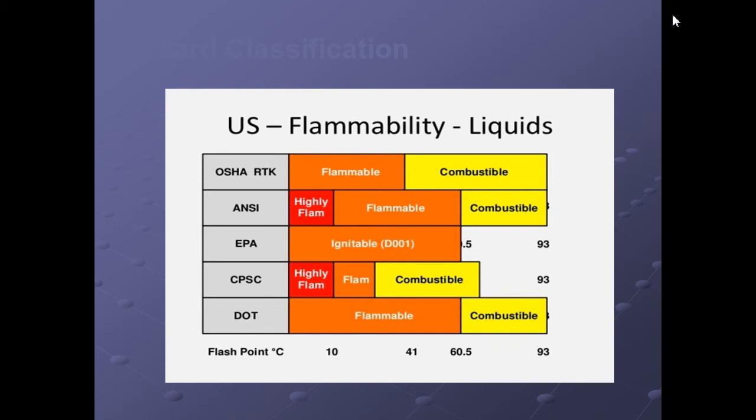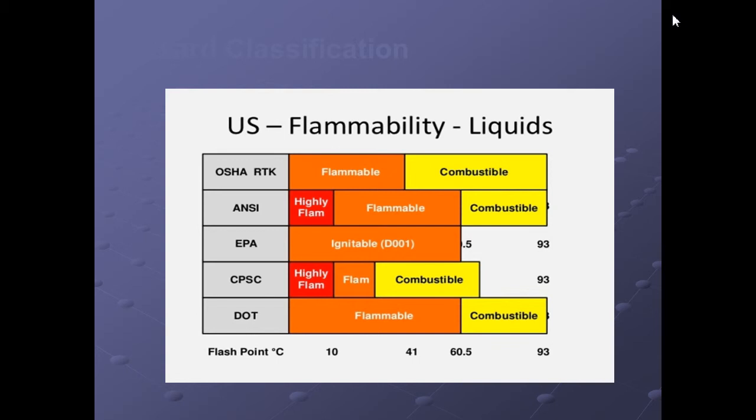The temperature doesn't have to be very hot. That means it's highly flammable. Then as you go up the Celsius scale, you switch from flammable to combustible. With combustible, at that point you're going to need an ignition source, some sort of flame, in order for it to combust. And that's your difference there as you're going up that scale.